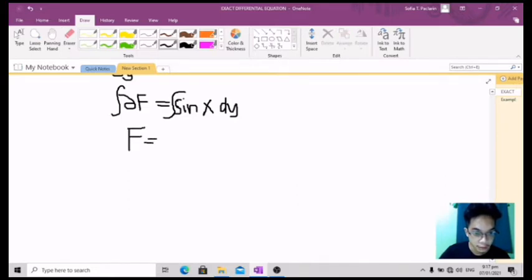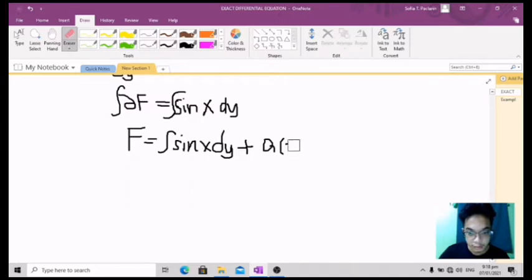F is equals to integral of sin x dy plus q of x. Q of x, or simply c.